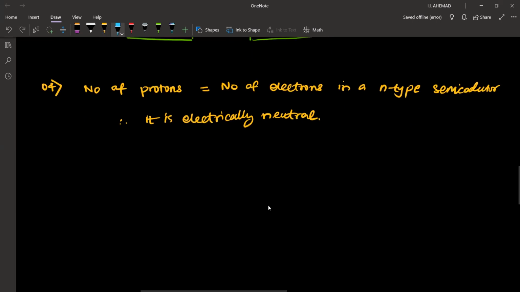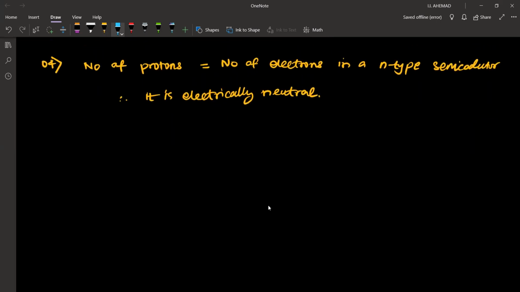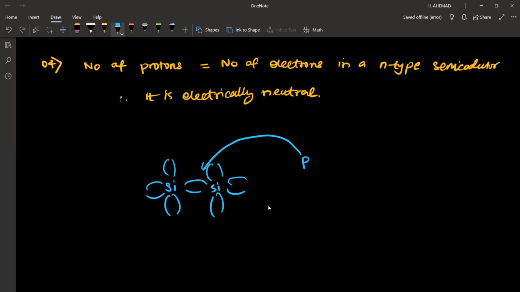The final point, don't write what I am writing now. I'll just explain. Now let's say we have a silicon lattice. This silicon lattice is electrically neutral. No doubt about that. What we're going to do is add a phosphorus atom to this.